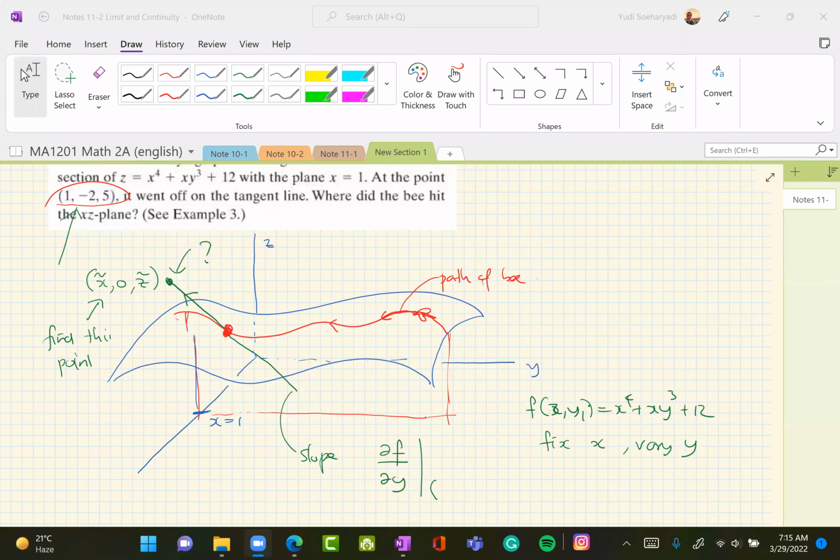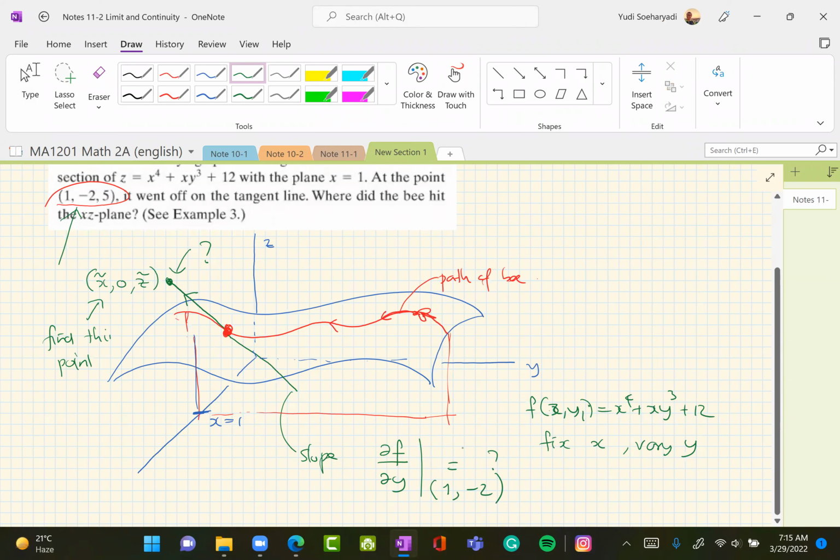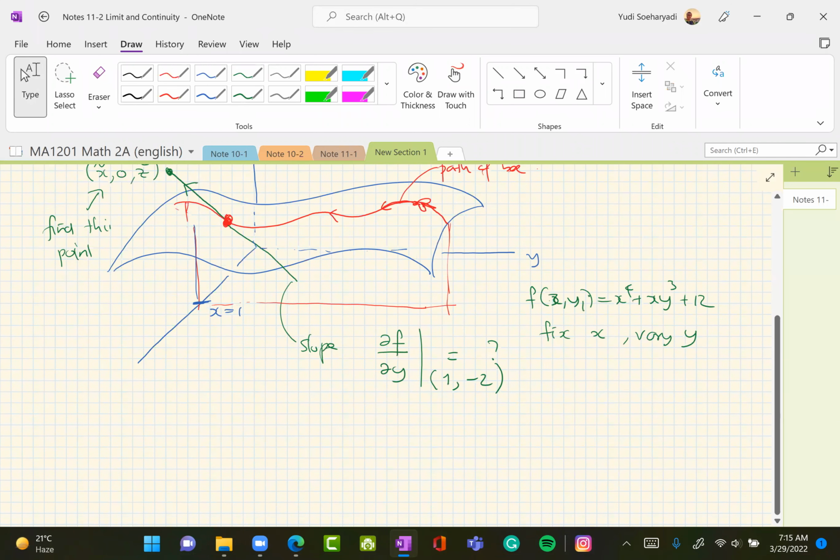All right, so here we go. So this is computed at the point 1, -2. This is what we need to compute. Okay. All right. So let's compute this one. df dy is easy. The only y symbol there is in x y cubed.